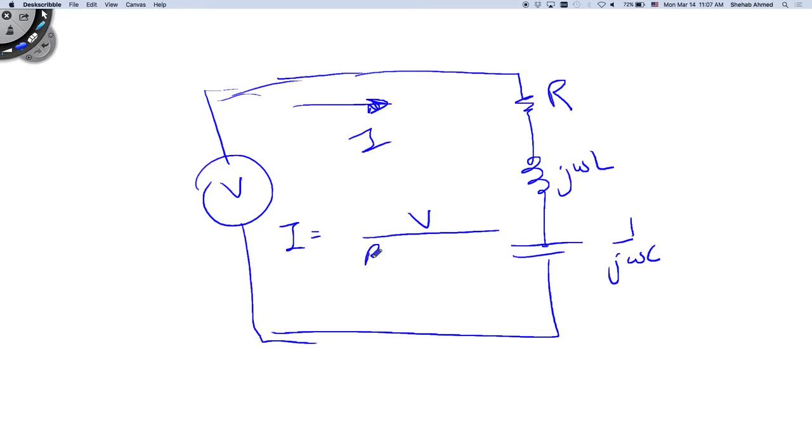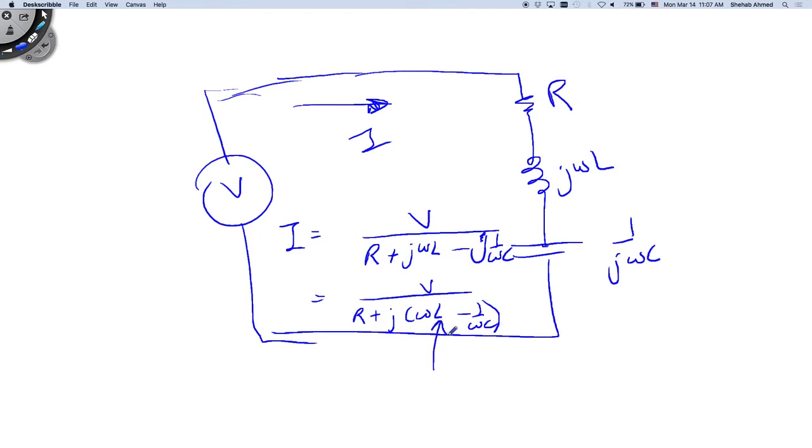So it's R plus j omega L minus j times 1 over omega C, since 1 over j equals minus j. I brought the j up here. Or I can rewrite this as V over R plus j times the bracket omega L minus 1 over omega C.